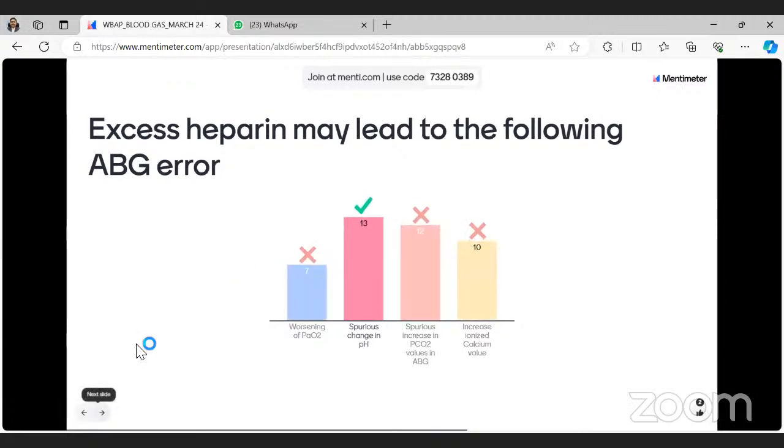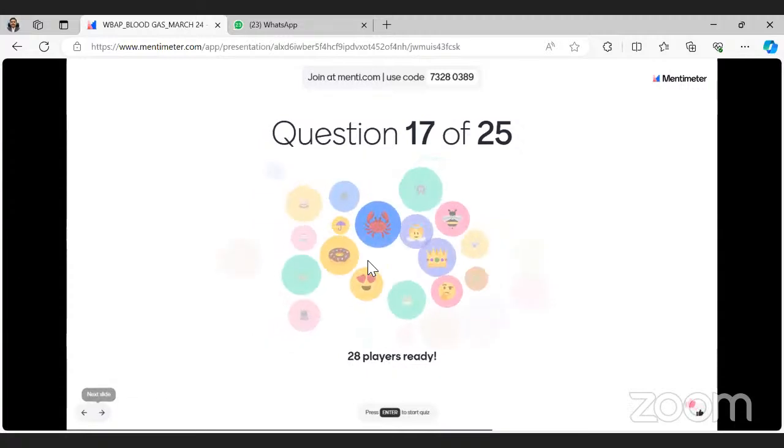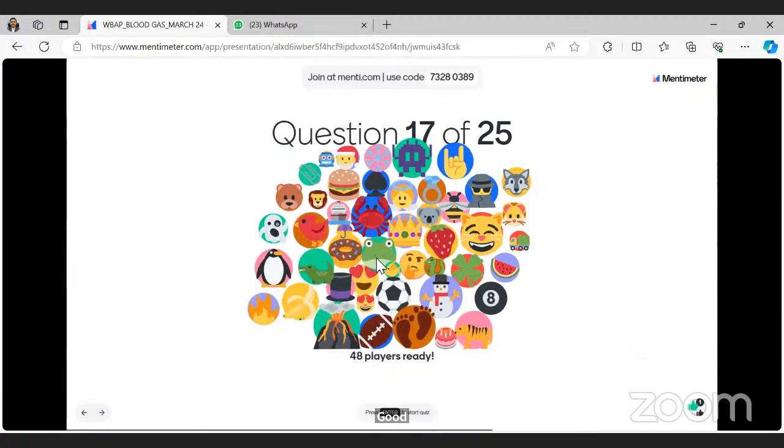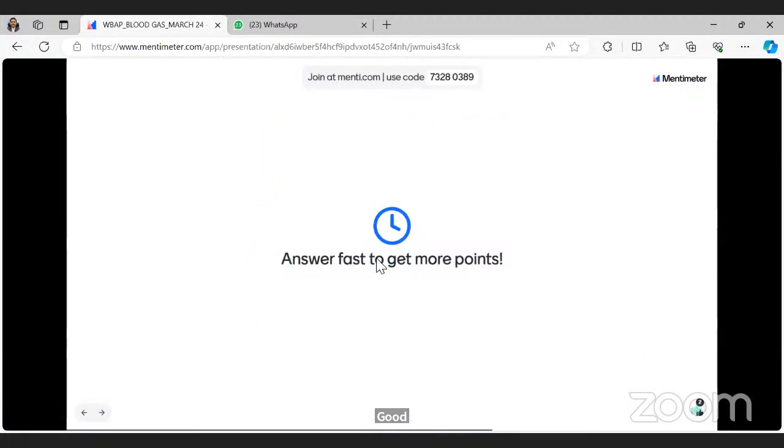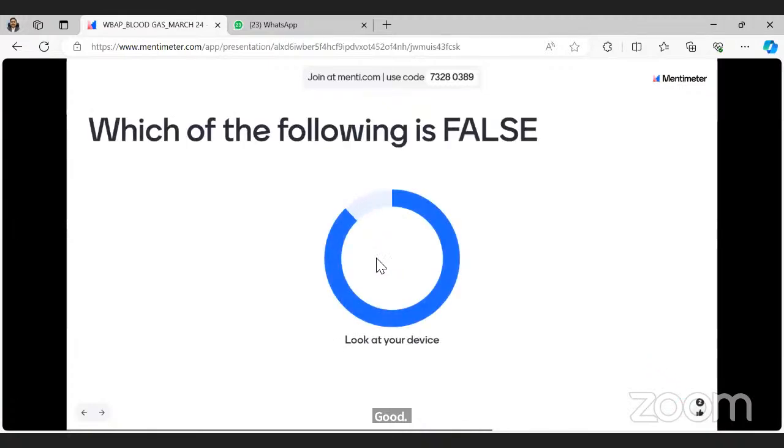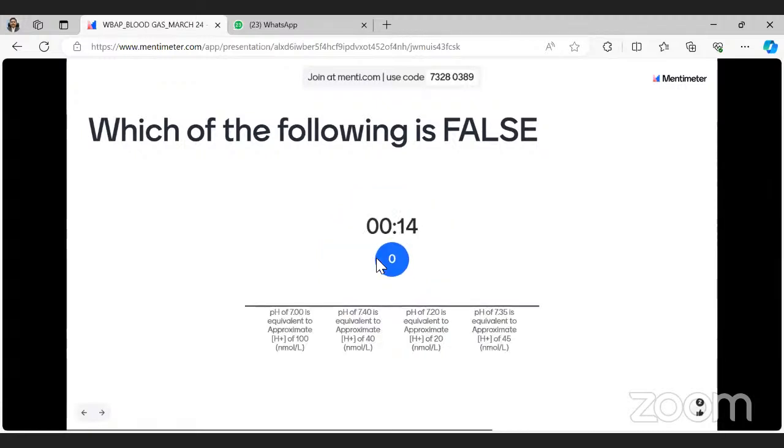Good. This is important for internal consistency.